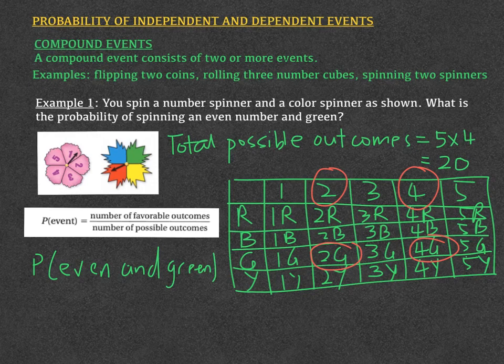In this case, there are 2 favorable outcomes of even and green, and the total number of possible outcomes is equal to 20. So you get 2 over 20 as your probability. We will simplify the fraction to give us 1/10. And that's the probability of getting an even number and green.